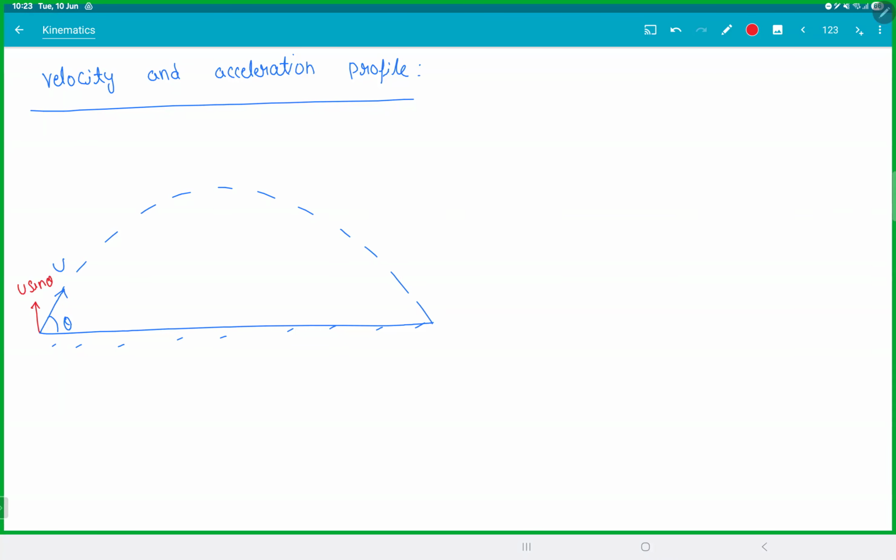This is your horizontal component, u cos theta. As you're going up, the horizontal velocity will never change because there is no horizontal acceleration. U cos theta, u cos theta, u cos theta. Whereas the vertical component keeps on changing. This will become Vy, which is u sine theta minus gt.